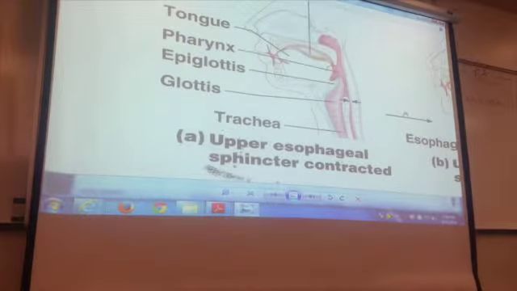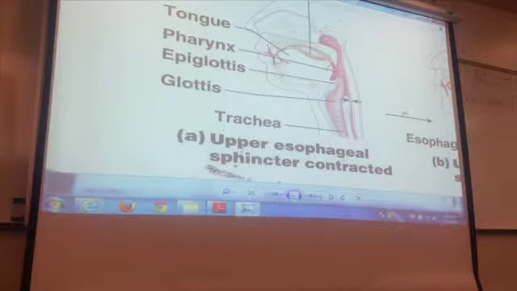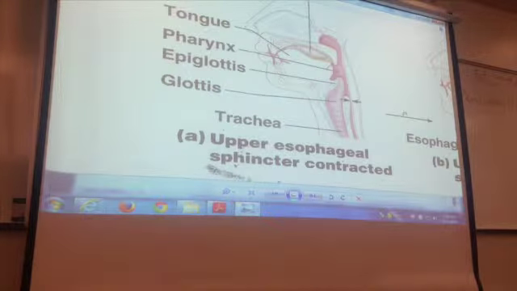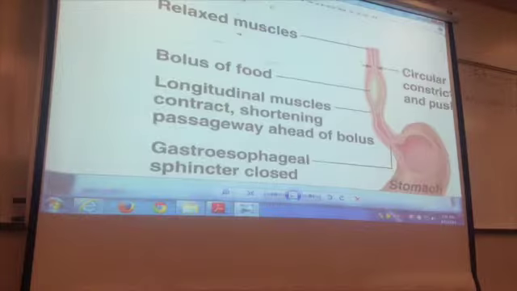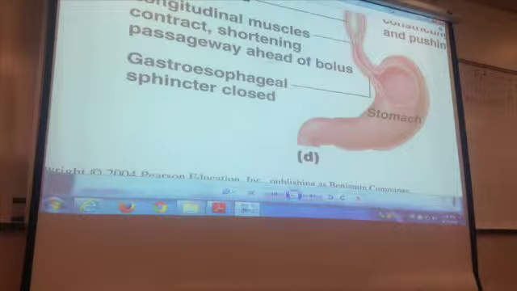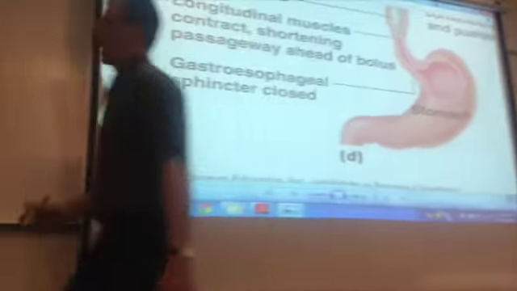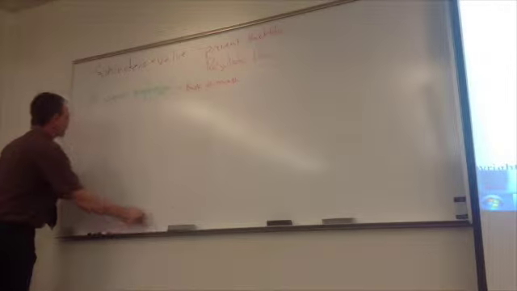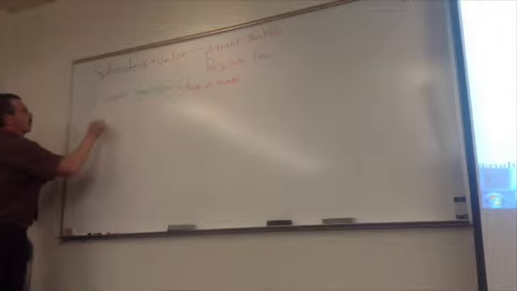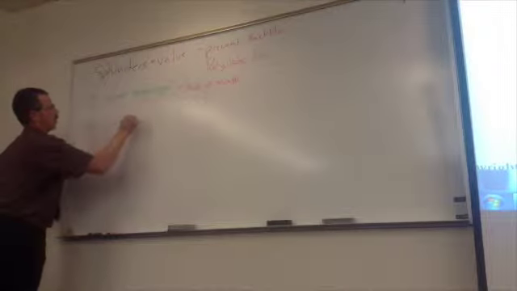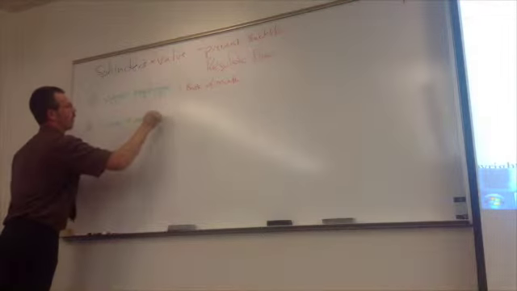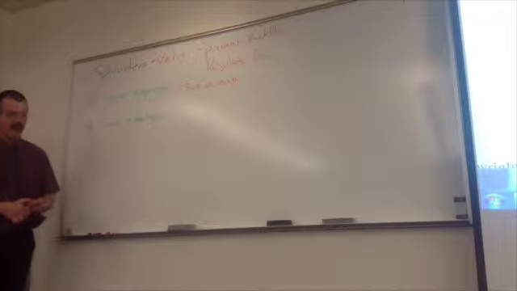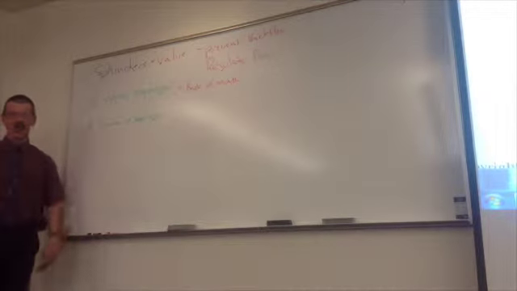Make sense? So if there's an upper esophageal, take a guess what the second sphincter would be. Lower. The lower esophageal. Unfortunately, this one has 12 different names, it seems like. But we're going to call it the lower esophageal, just to call it one. So number two, lower esophageal. On this overhead, they're calling it the gastroesophageal. I learned it as the cardiac, the LES, the cardioesophageal.